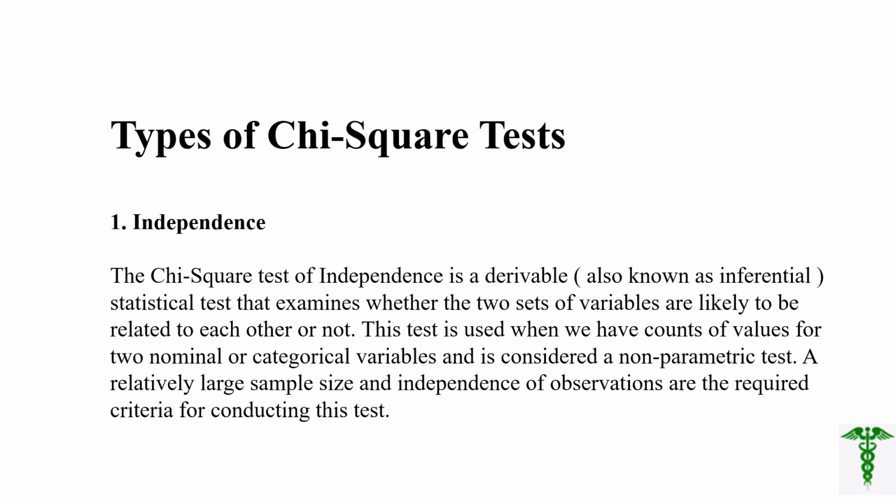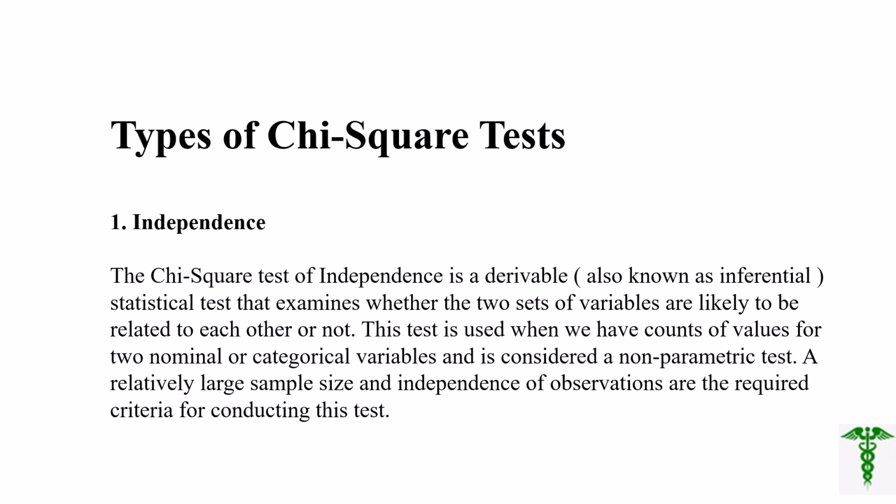Now we are moving to the types of chi-square test. The first one is independence. The chi-square test of independence is a derivable statistical test that helps you examine whether two sets of variables are likely to be related or not.